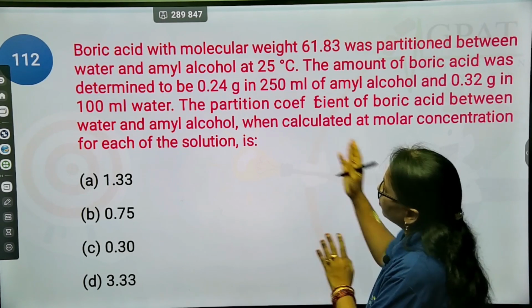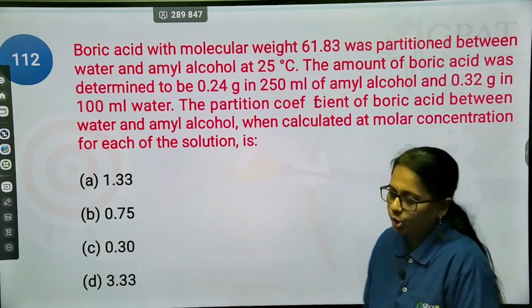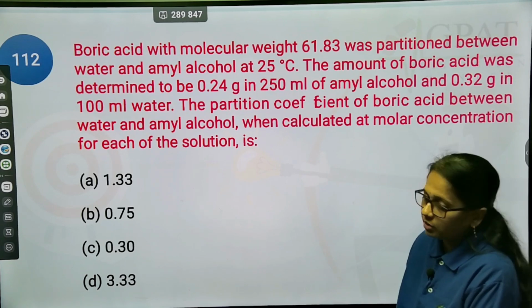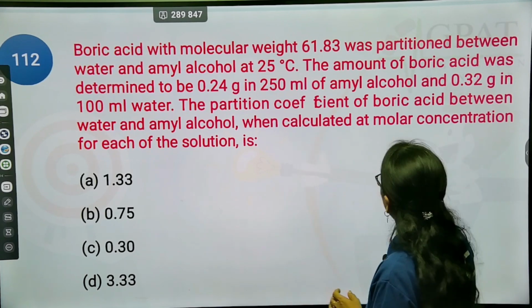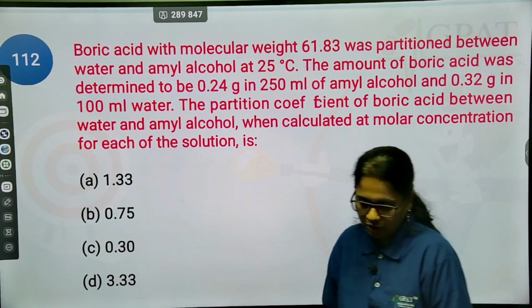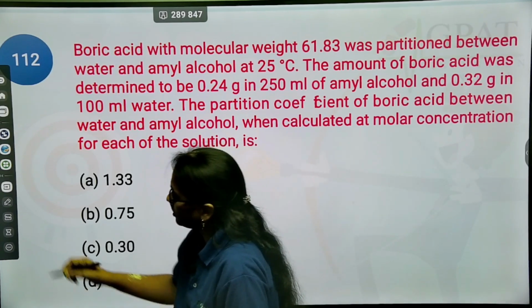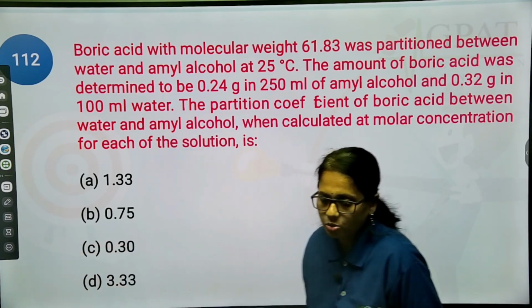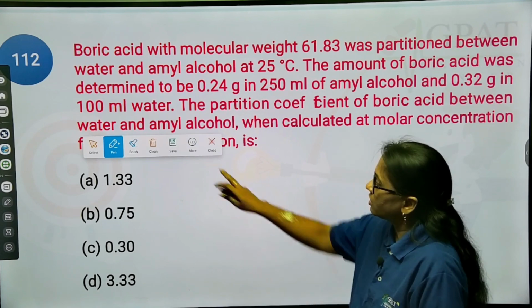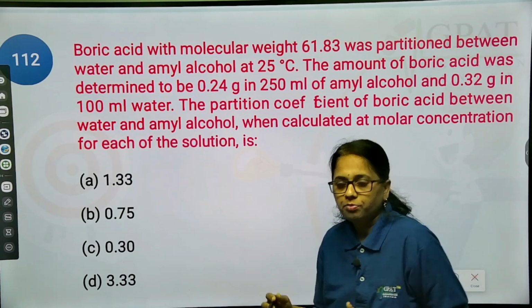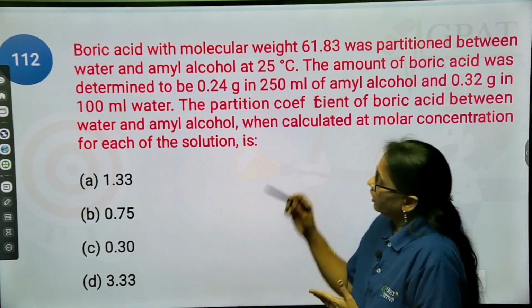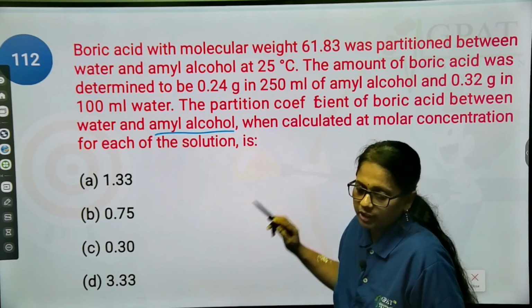Here they have asked for the partition coefficient of boric acid between water and alcohol, calculated at the molar concentration of each solution. So how are we going to determine the partition coefficient? If you know the molar concentrations in each of the phases, here the two phases are water and alcohol.